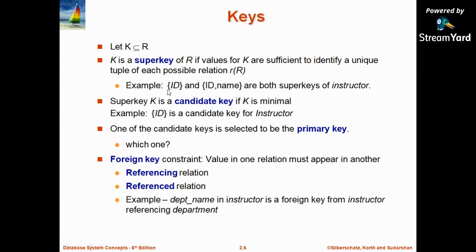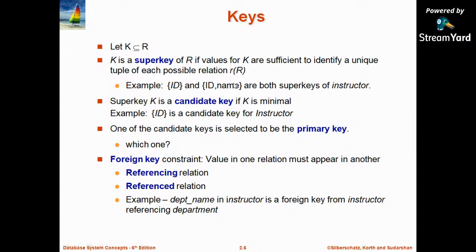Now we will come to the candidate key. The candidate key is the minimal super key. The minimal super key means, in the previous case, ID is uniquely identifying a row, and ID and name is also uniquely identifying the row. The minimal set of attributes which can uniquely identify a row is ID. So ID will be a candidate key. ID, name will not be a candidate key because it is not a minimal set.